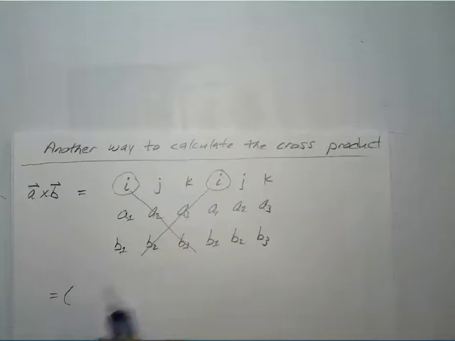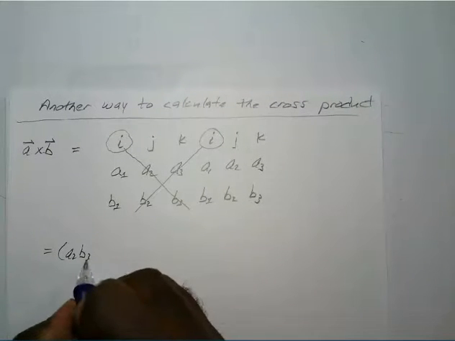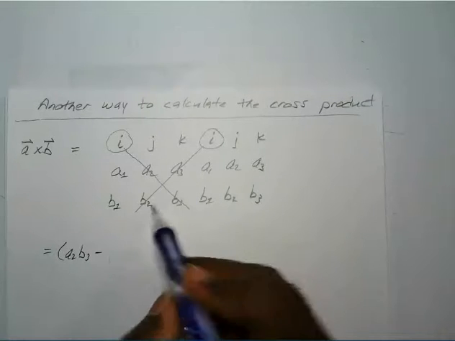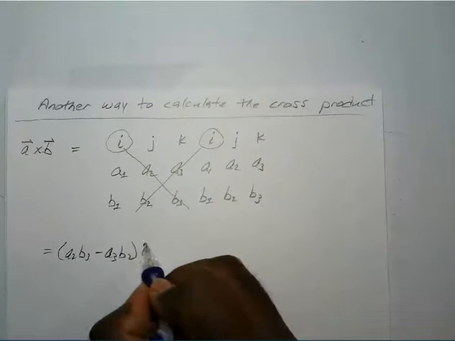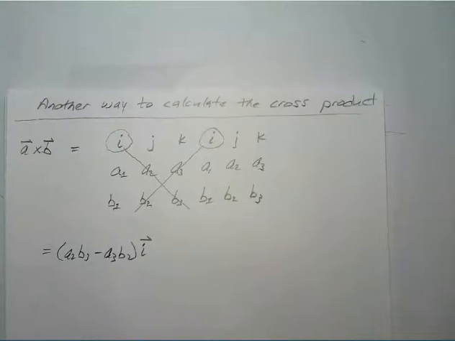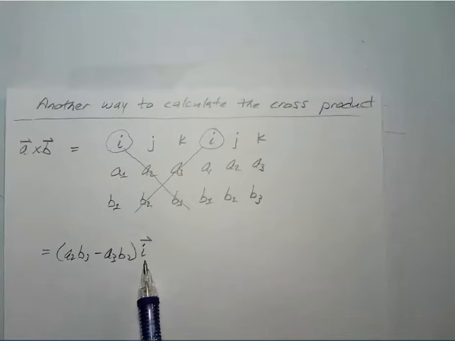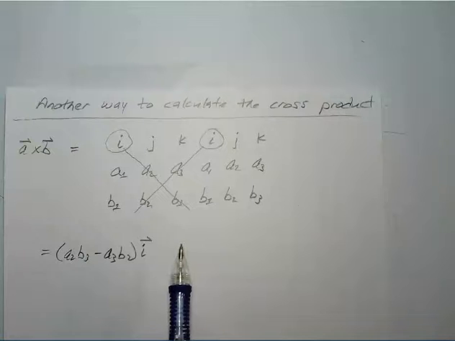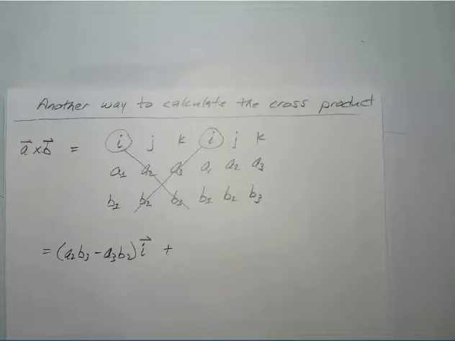So that gives us A2B3 minus A3B2, and all that times our I unit vector. Now, the difference is when we did the technique with the matrices, we had minus here. With this one, it's going to be plus. So you want to be careful of that.